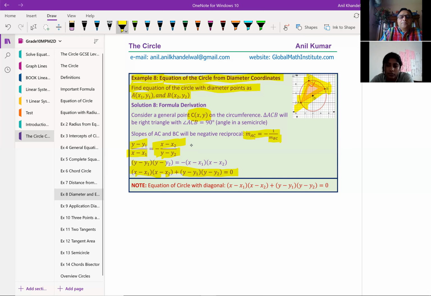Cross multiply to get this. Bring the terms together to get your formula. Easy to remember, easy to derive.